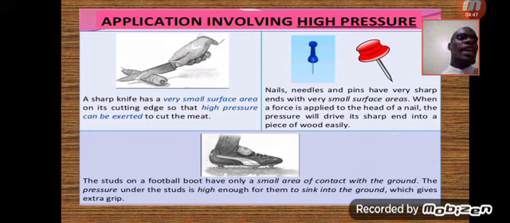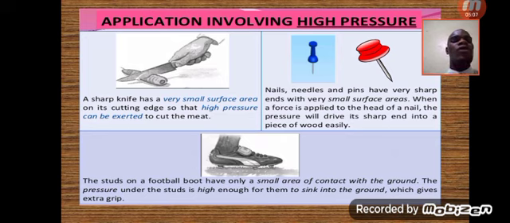When you look at nails, needles and pins, they have a small area at the surfaces, which means when you apply a force, there will be high pressure exerted, which enables the sharp nail to enter into wood.